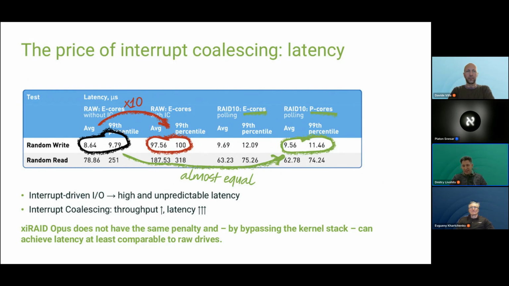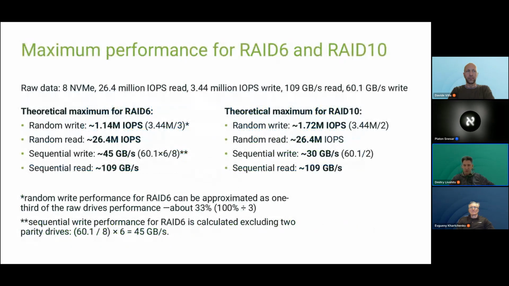So the question is, is it possible to get not only great latency, but also great performance in user space polling mode with our product and Intel E-core and P-core CPUs? Let's look at the numbers, but first of all, let's look at the theoretically possible results for both RAID 6 and RAID 10.